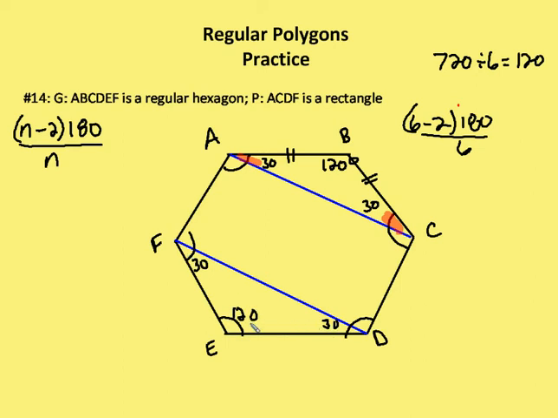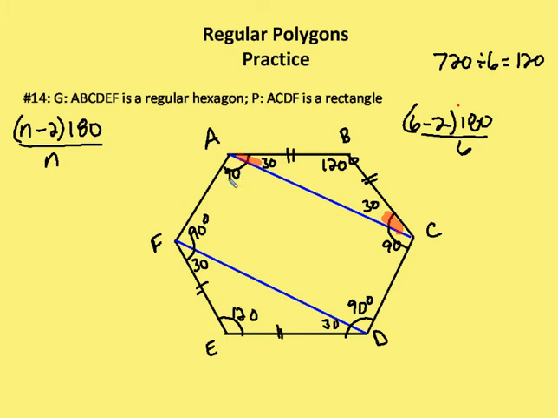Angle FED is 120 degrees, FE and ED are congruent, and that leaves me with 30 degrees each for angle EFD and angle EDF. Now if AFE is 120, then AFD is going to be 90 degrees, and FAC is 90 degrees, and ACD will be 90 degrees, and FDC is also 90 degrees.